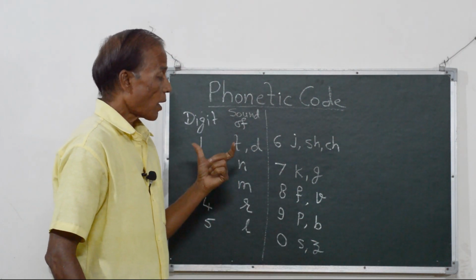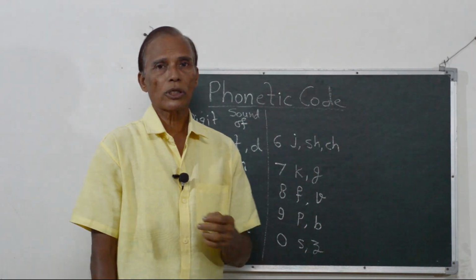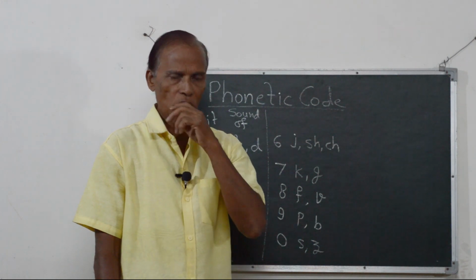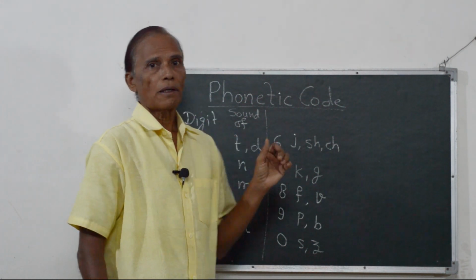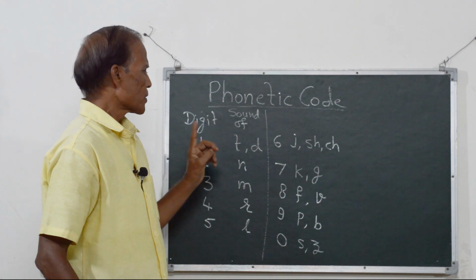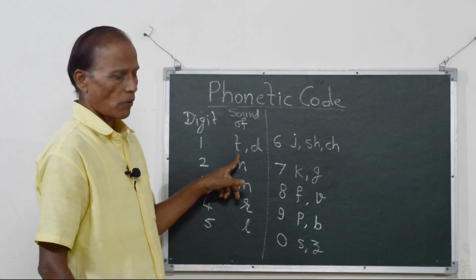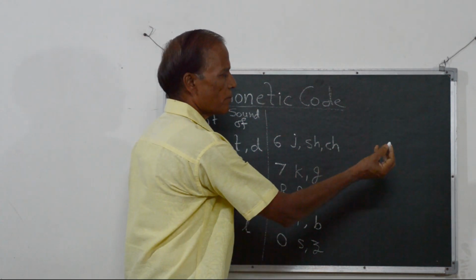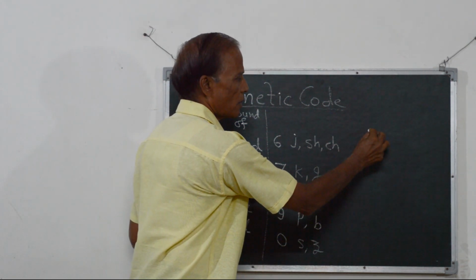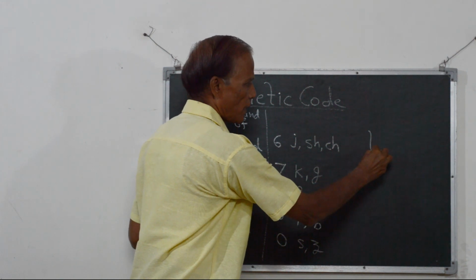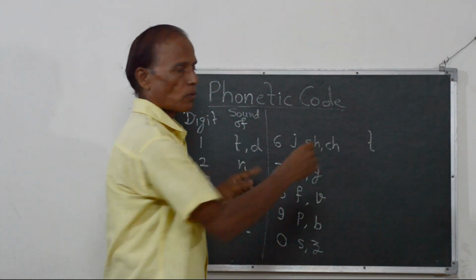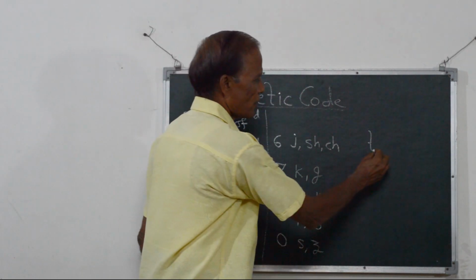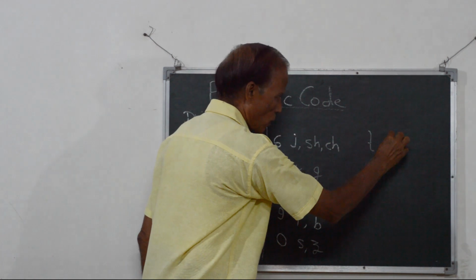Now, how to remember this? I will give you some memory aid, so that you will easily remember this association. See now, for one we use T. You can remember it in this way. When we write T, we have one down stroke. Similarly, when we write D, we once come down.